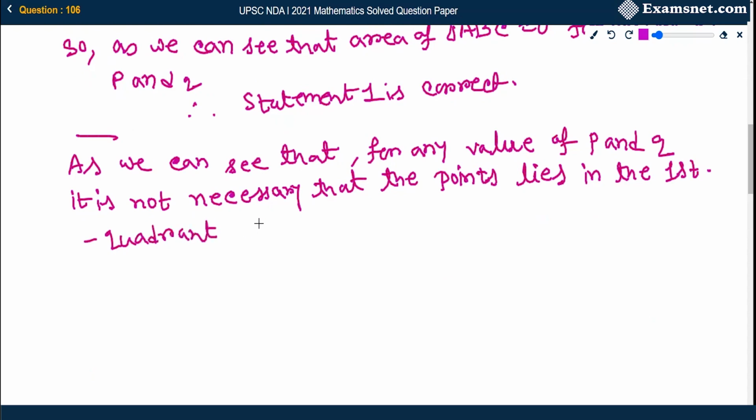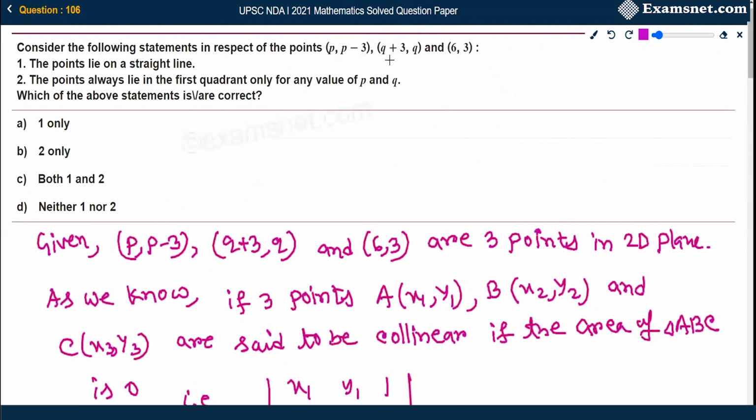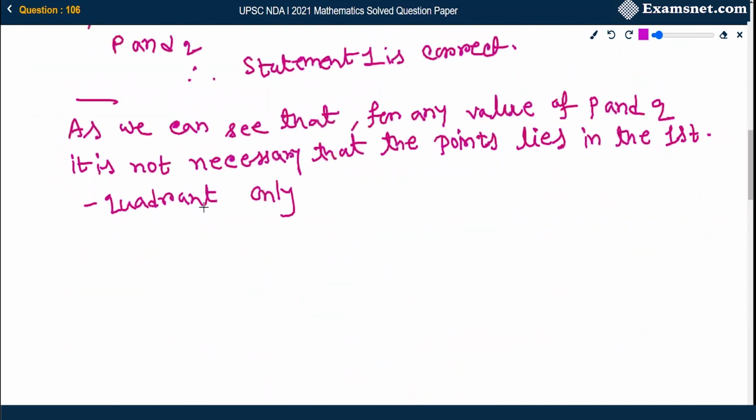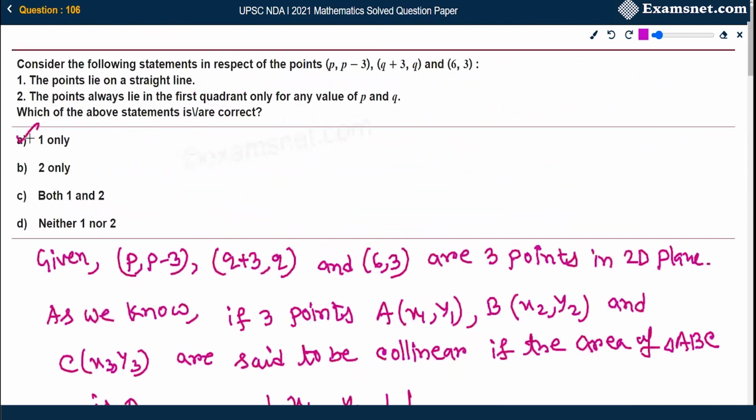I can give you one example here. We can assume the value of p as minus 1. Then the point becomes (minus 1, minus 4). It's not in the first quadrant, right? So that's not the correct statement. Hence statement 2 is false. So only one statement is correct, so only one option.